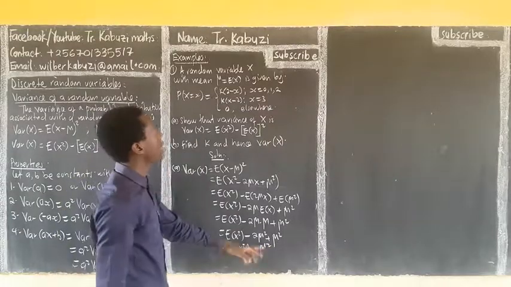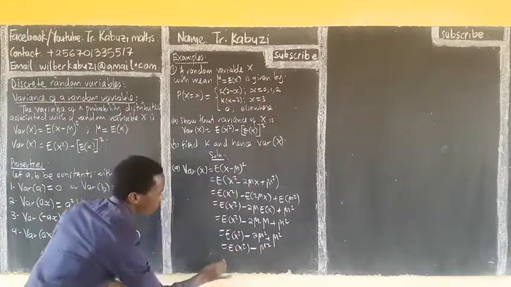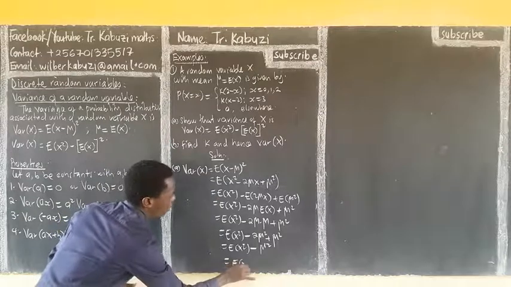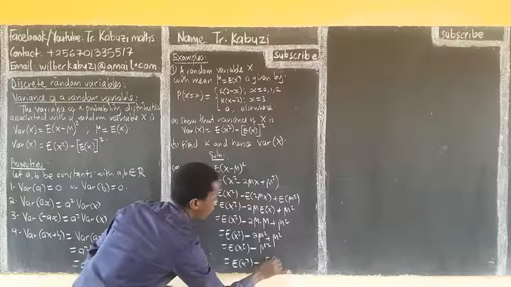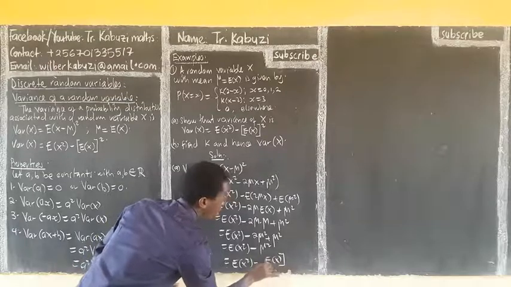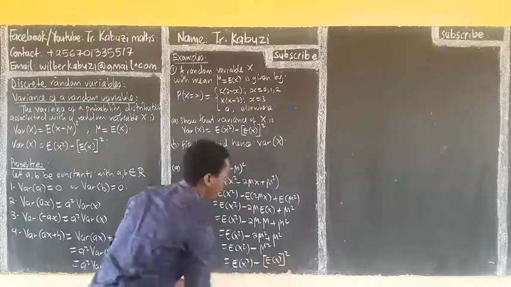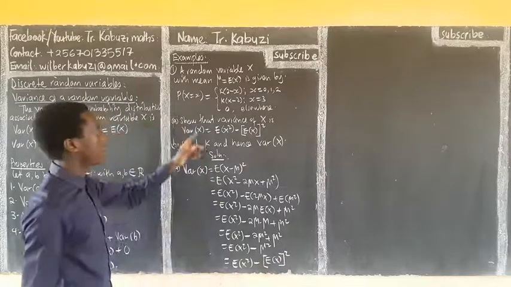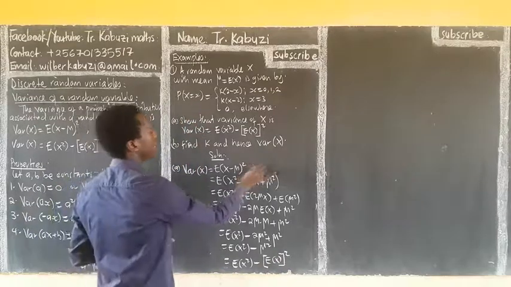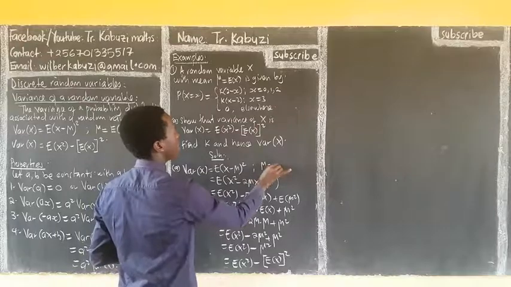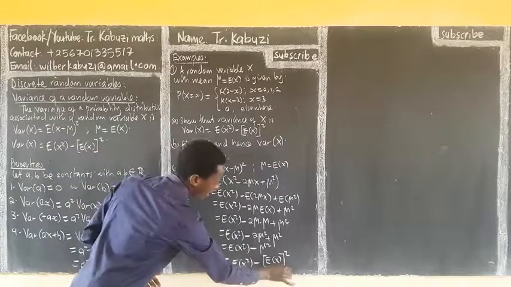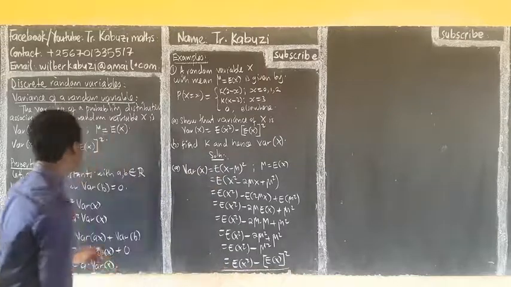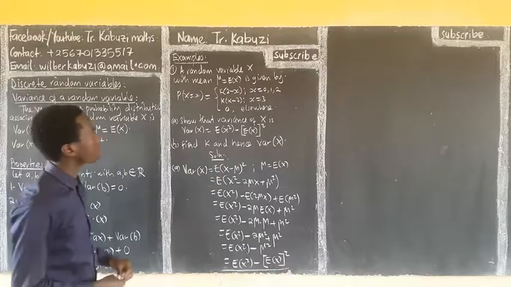But our mu is this expectation, so this will be e of x squared minus e of x, the whole of it squared, because our mean from the question was given there. Note that our mean is this. So the proof is done. That's why it's given by this.